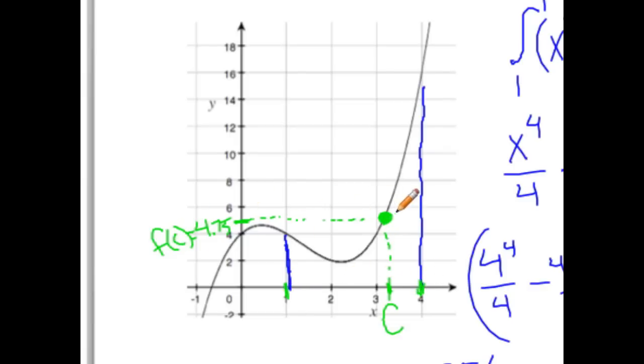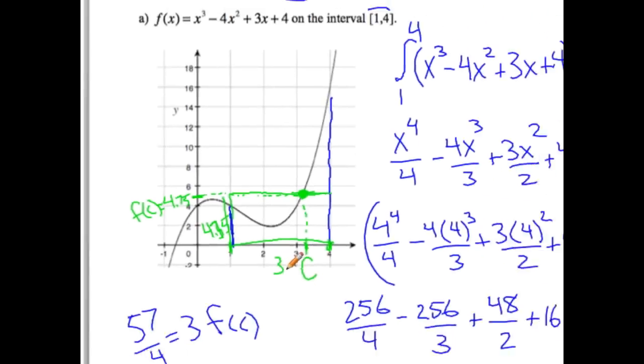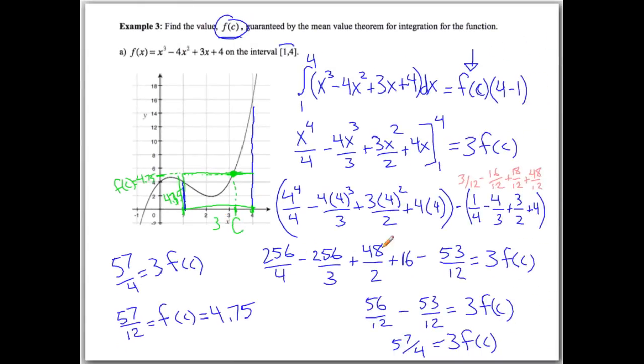Now remember that that f of c right here is the average value of the function. So if I drew this rectangle out, I could take this width, which was 3, and this height, which is 4.75, and if I multiply that together, I get this definite integral right here, which would be 57 over 4.